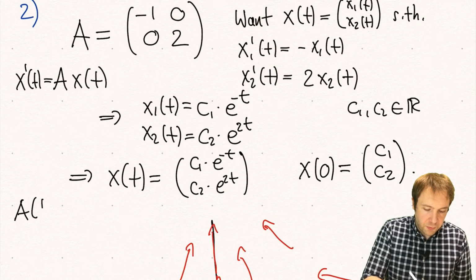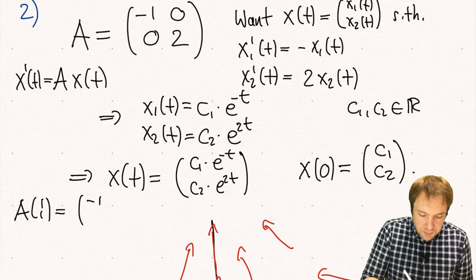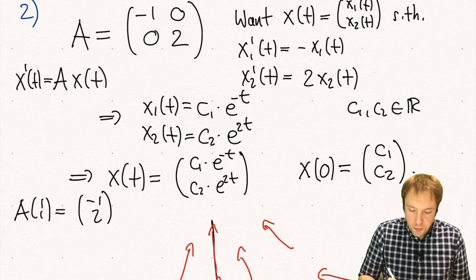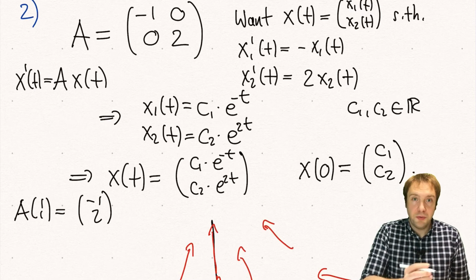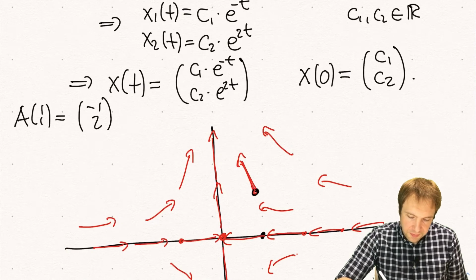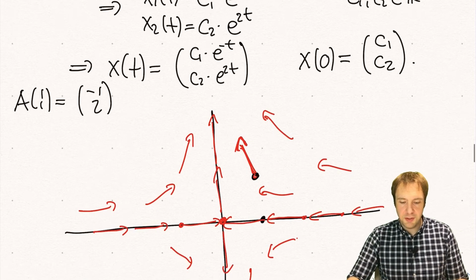A times 1, 1 is minus 1, 2. So at this point, 1, 1, I should go 1 to the left and 2 up, and this is almost exactly this arrow here. You can do this for each point, and you get this picture here.